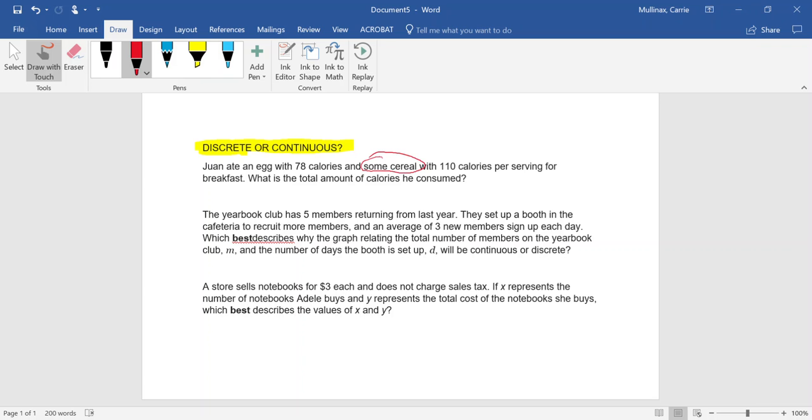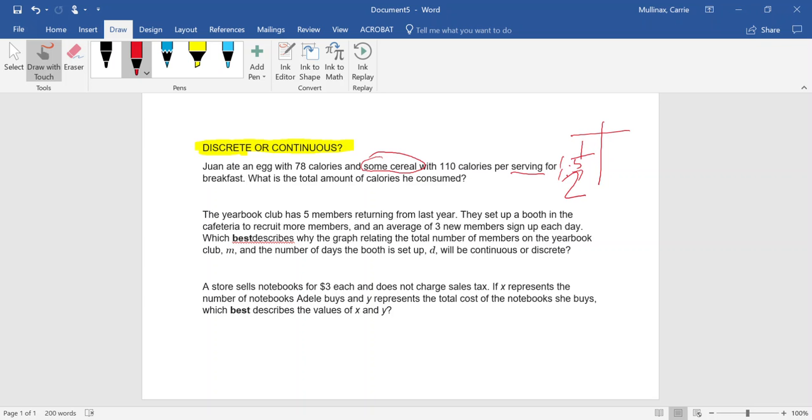When you eat cereal, do you measure the amount of cereal you eat in number of servings? Meaning, can you have only 1 serving or 2 servings? Or do you think it's possible to have 1.5 servings or 1 7/10 of a serving? It is definitely possible to have serving sizes in between 1 and 2 servings.